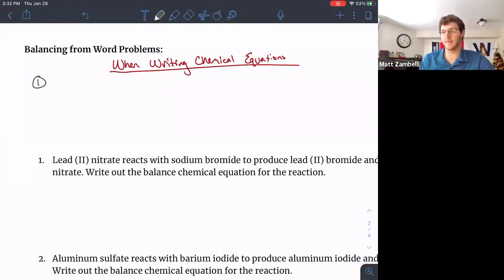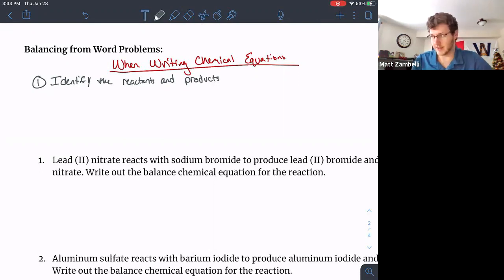Step number 1, identify the reactants and products and place them in a word equation.